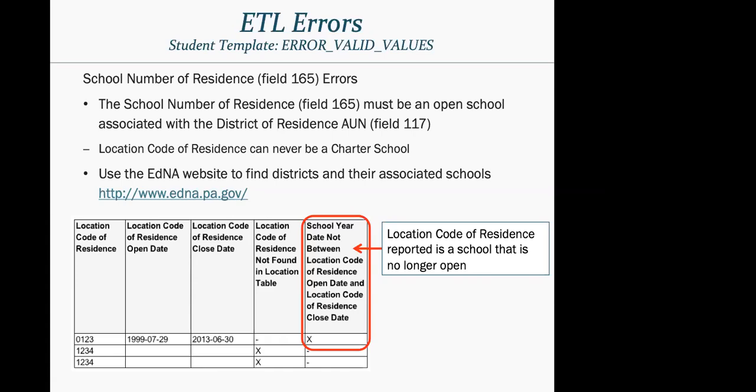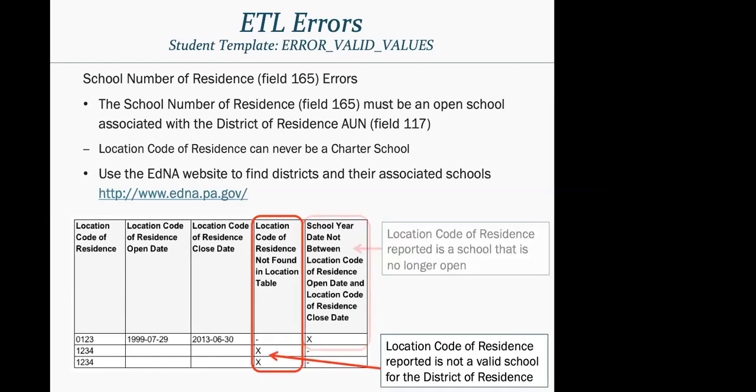It's going to say open date. It does not exist between the open date and the close date. And that can be confusing, but that just simply means it's no longer there. Looking at EDNA will give you all of that information. So EDNA is the website you want to go to find out all of your AUN information. And these are just plain old, it doesn't match.